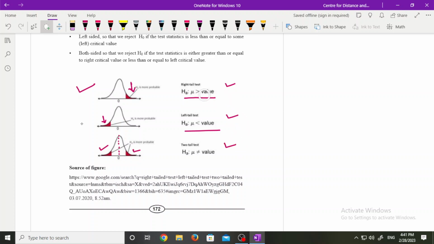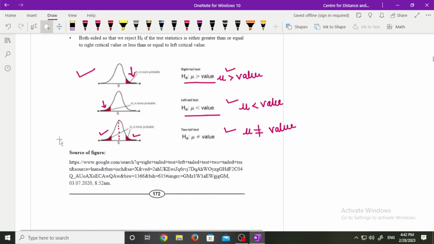In the right tail test, mu is greater than the given value, in the left tail test mu is less than the value, and in the two tail test mu is not equal to the value.